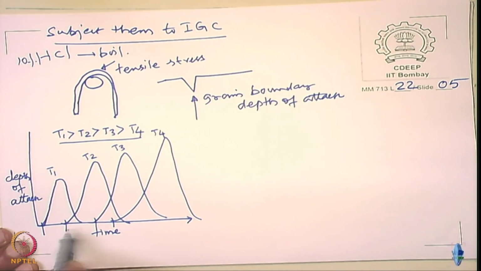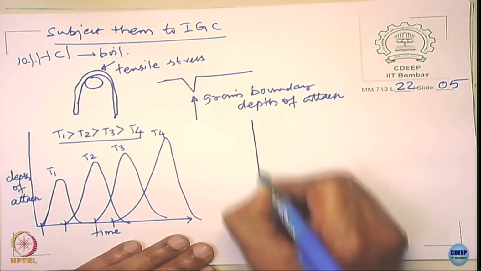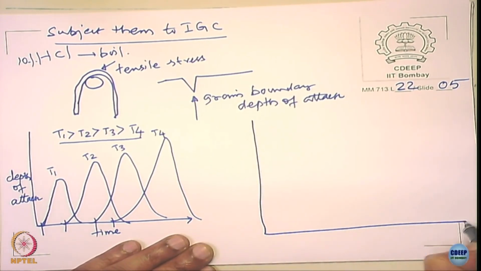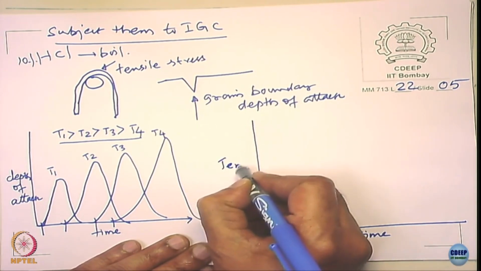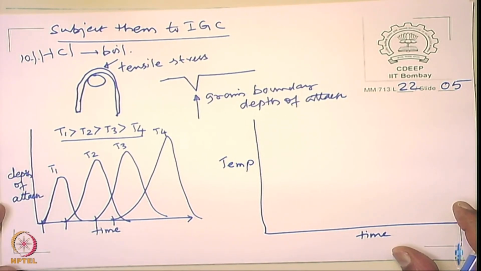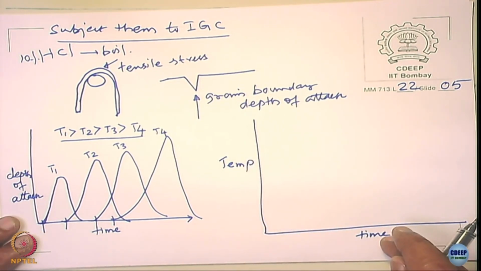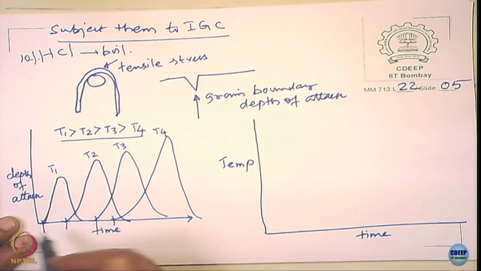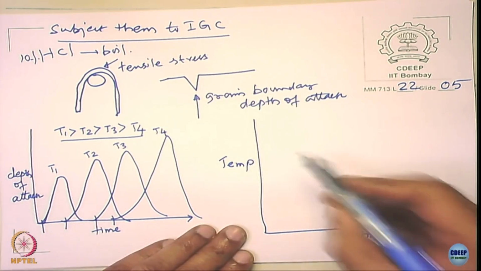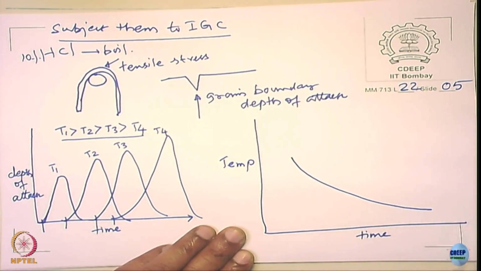So you can find out this, and you can plot the temperature versus the time for the start of IGC. This is for the start of IGC, right. So what happens? It goes like that.